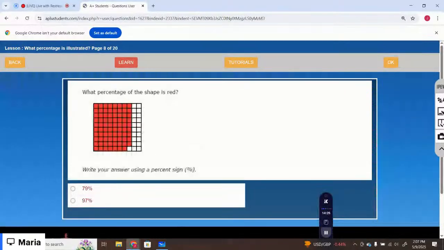What percent of the shape is red? That is 79%. Option number one is the correct option.